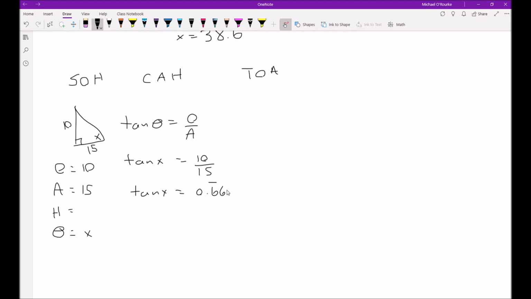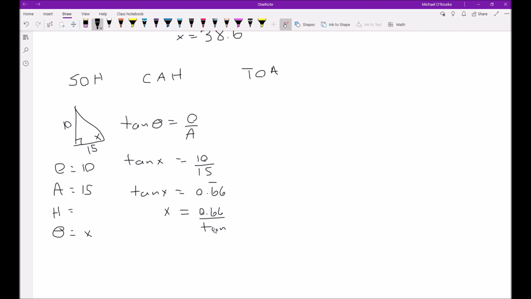Do we have x yet? No, we have tan x. Right? It's tan x. Very good. Because it's tan multiplied by x.